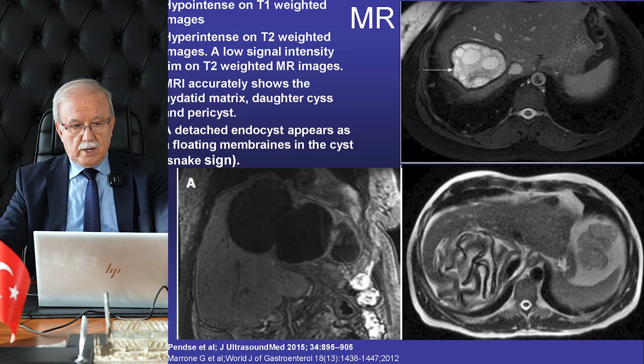During MR examination, it is hypointense on T1 weighted images and hyperintense on T2 weighted images, with a low signal intensity rim on T2 weighted MR images, like this. MRI accurately shows the hydatid matrix, the daughter cysts and pericyst, and a detached endocyst appears as a floating membrane in the cyst, like a snake sign.